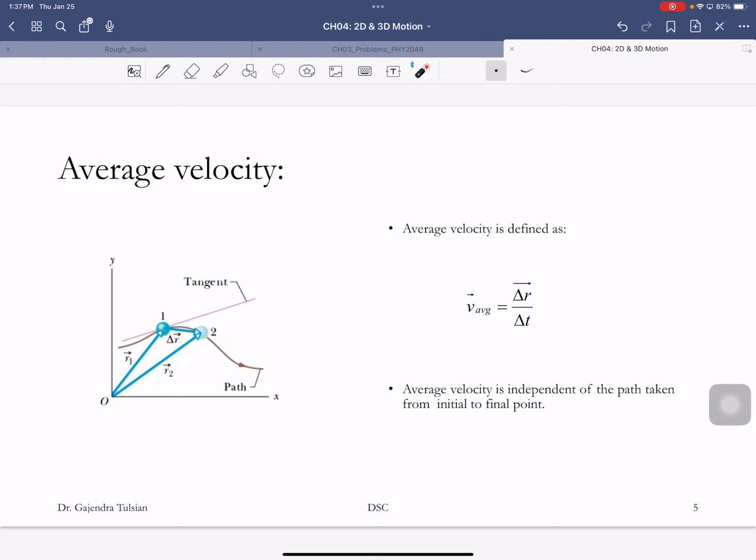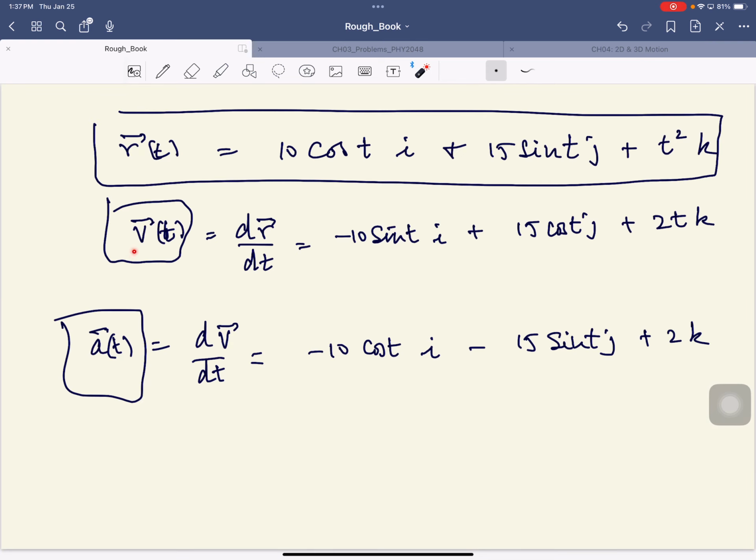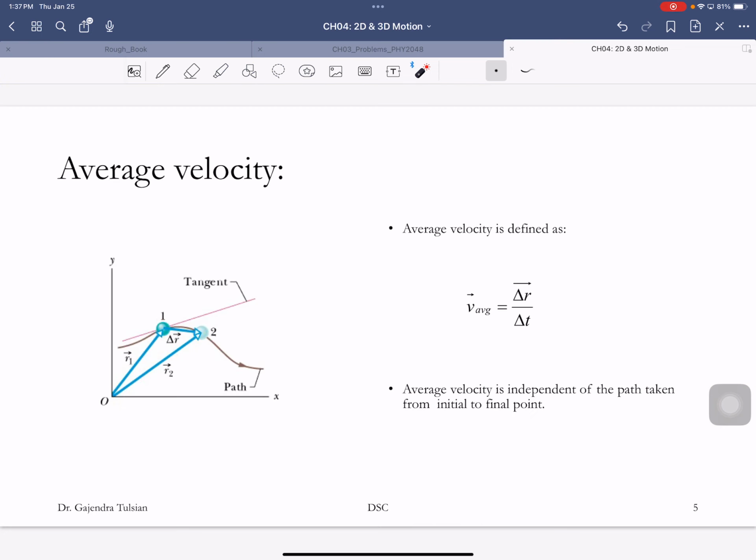All right. So if you calculate the average velocity, see, this is instantaneous velocity. What is the velocity at this instant? But if you wanted to calculate the average velocity between now and, let's say, the next 10 seconds, then the average velocity between two instants is the displacement vector divided by the time.